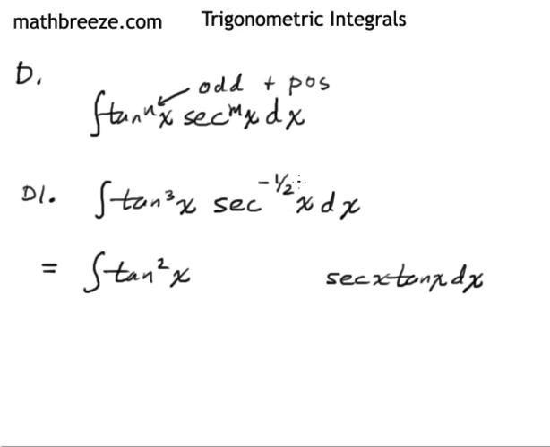We'll just change this exponent so that this secant x times whatever we have here is equal to secant to the minus 1/2. So here we'll put secant to the minus 3/2 x, because minus 3/2 plus 1, that's minus 3/2 plus 2/2, is equal to minus 1/2. So we haven't changed the expression above. This is our du.